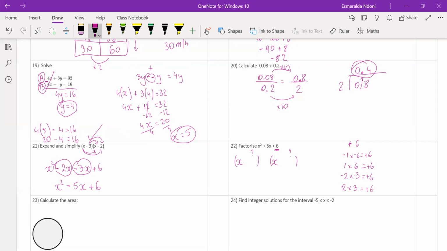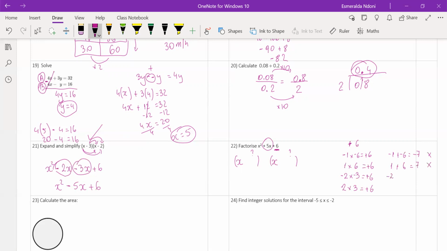So what two numbers, when added, give you a 5? Because you need this 5 that you have in here. You see this 5 there? And that comes from the pair that we're going to choose now. So let's try. Negative 1 add negative 6 gives you a negative 7, so that doesn't do. 1 add 6 gives you a positive 7, so that doesn't do either, because I need a positive 5.